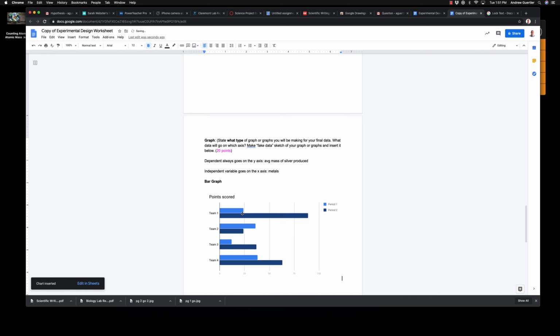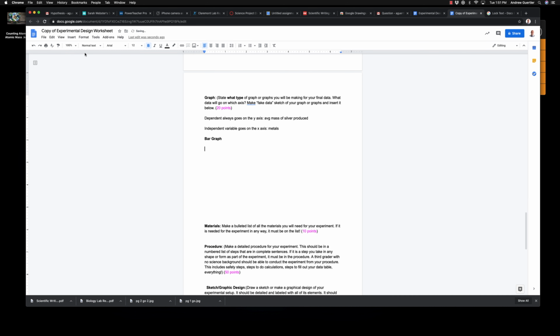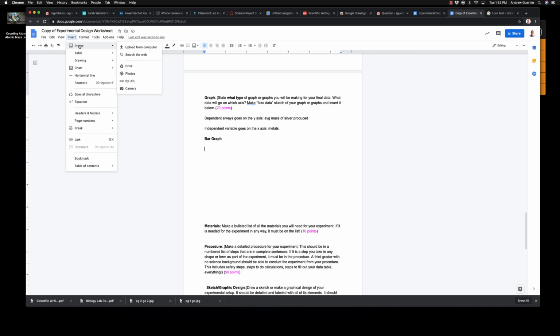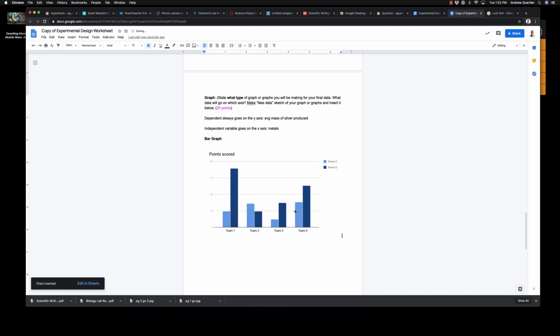Well, that's right. One thing you need to understand in Google Docs is a bar graph is not really a true bar graph. They call them different things. I don't know why. You're actually looking for a column graph. That's a true bar graph, right?